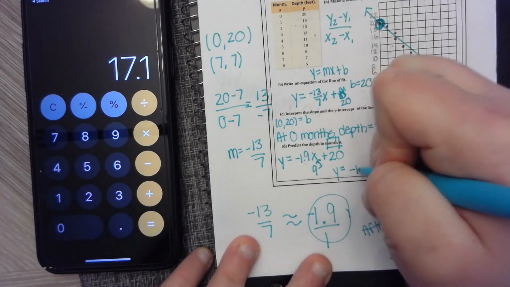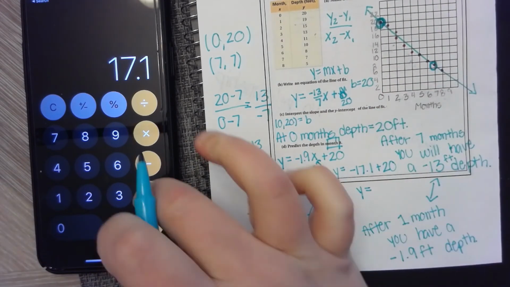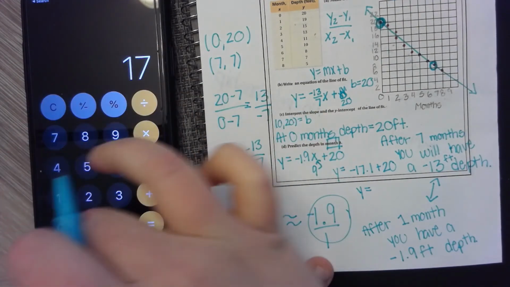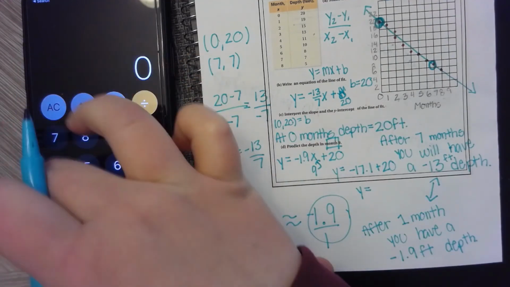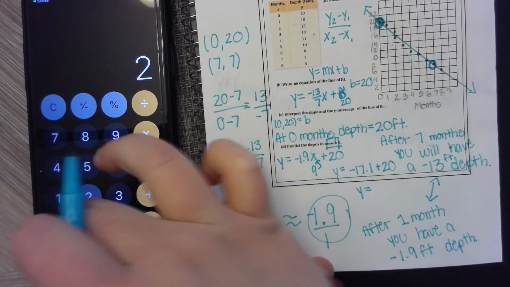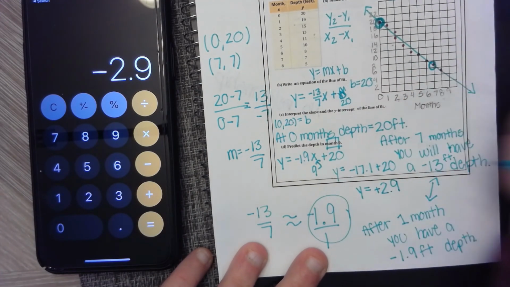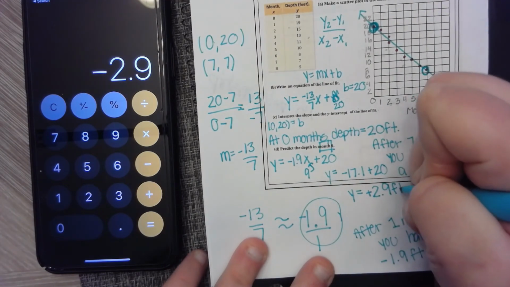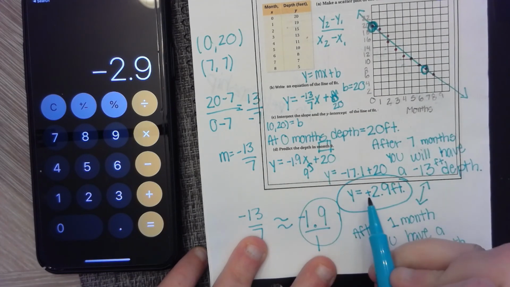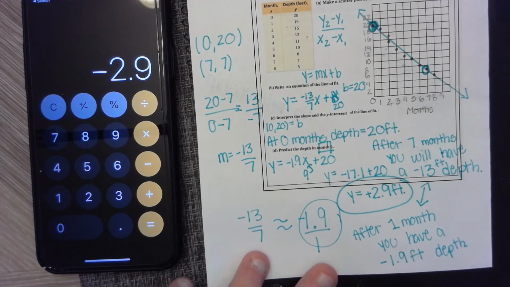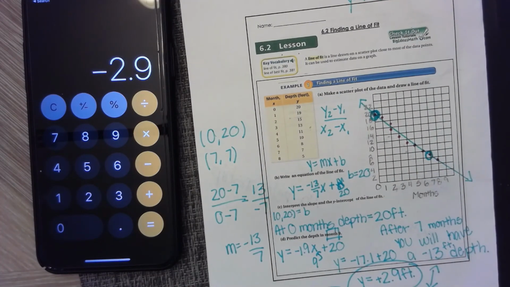You end up getting -17.1 plus 20, which ends up giving you a positive 2.9, and then I would add my unit of feet. So this would mean at 9 months, I am predicting we would have a depth of about 2 9/10 feet. So that is the line of fit.